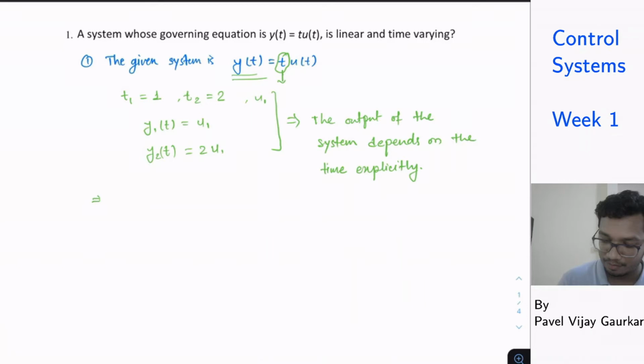This indeed lets us say that y of t equals t into u of t is time varying.